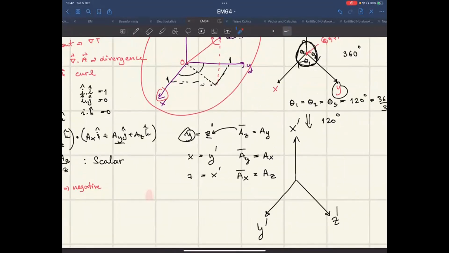Now, so this one is correct. So we have to write down what we did before. AX here, AY here, AZ here, equal to what?